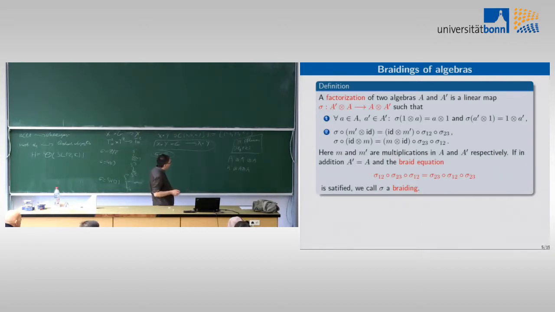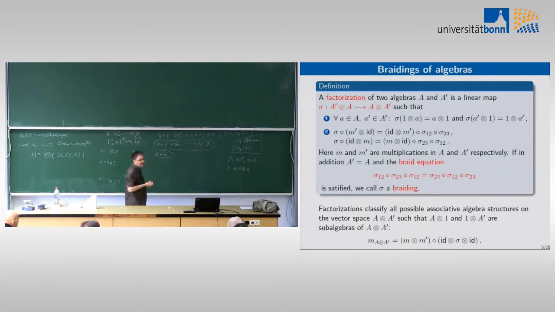I can mix many legs because when A prime is equal to A, I just have the triple A tensor product. And I can demand that the braid equation be satisfied. So when I have a factorization that on top of it satisfies the braid equation, guess what? I call it a braiding. I have to write this equation on the blackboard because it is important and it has completely vanished here.